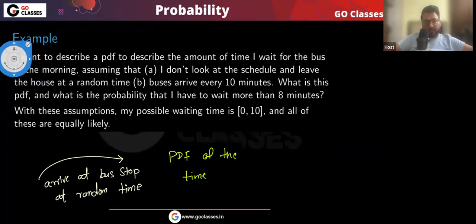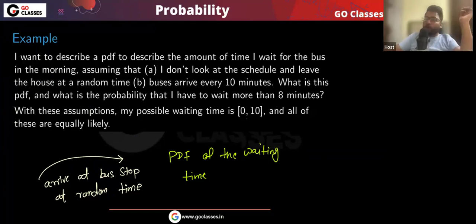Both are actually the same, but anyway. So what could be the possible waiting time? Between 0 and 10, right? You might have to wait 0 seconds, or at most how many seconds? Oh, sorry, minutes. 10 minutes, right?